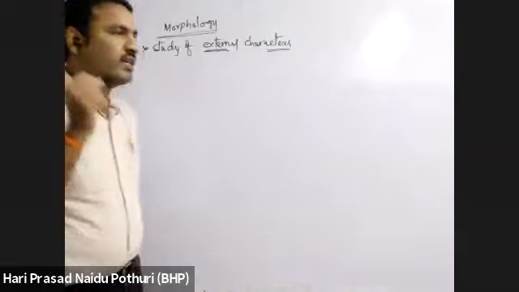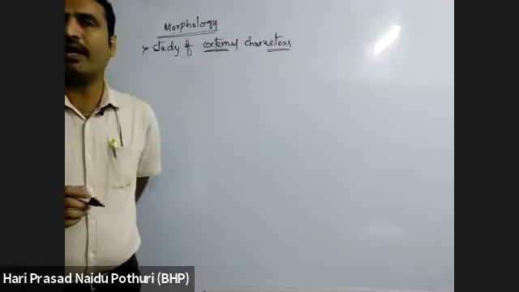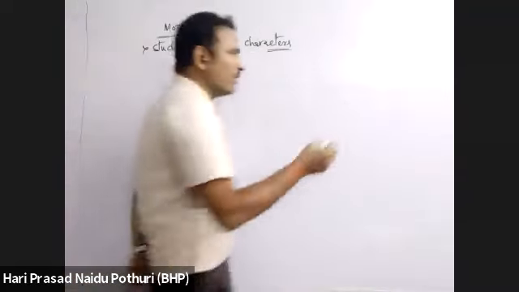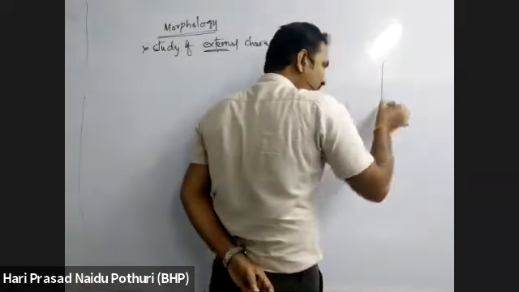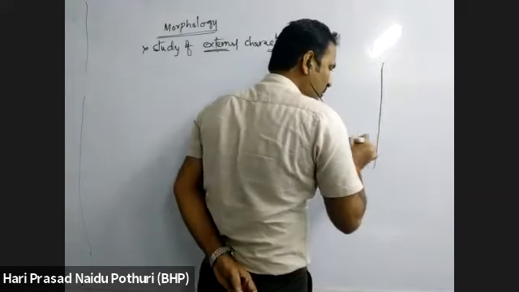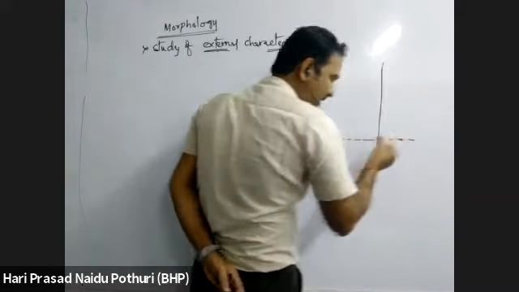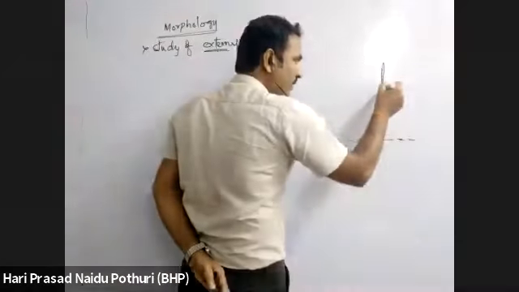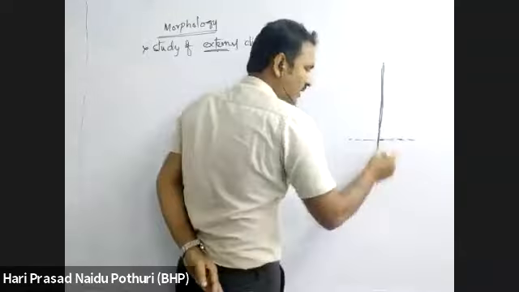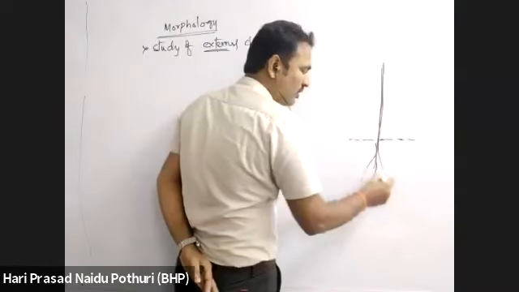See here, if you see the plant structure of an angiosperm or a flowering plant, it has many parts which are divided into two. Inside the soil, there is a system of roots. That is what we call the root system.